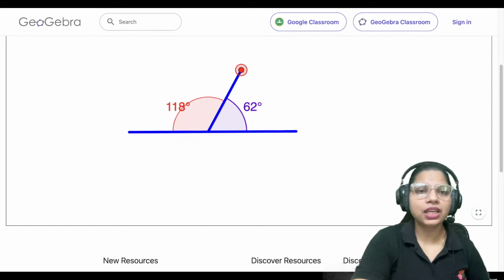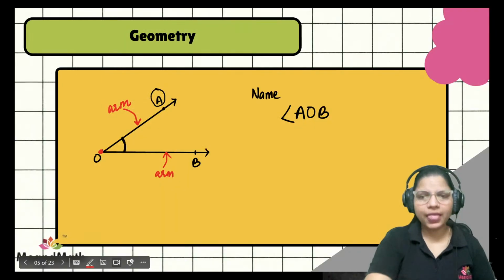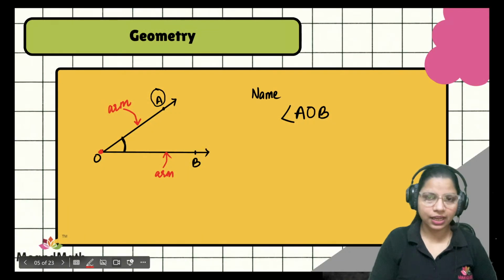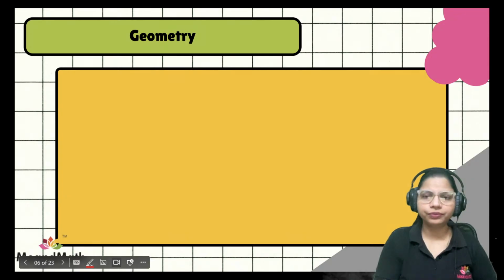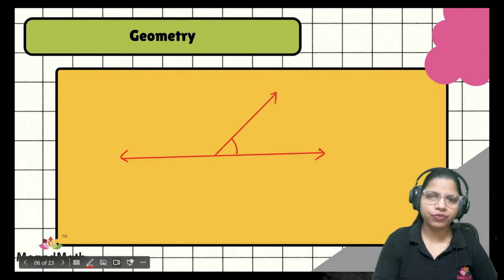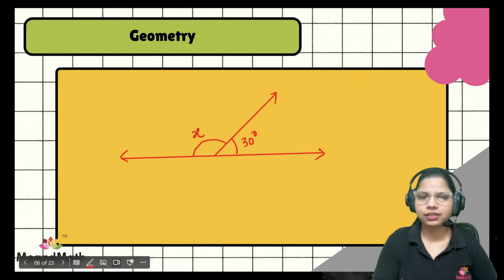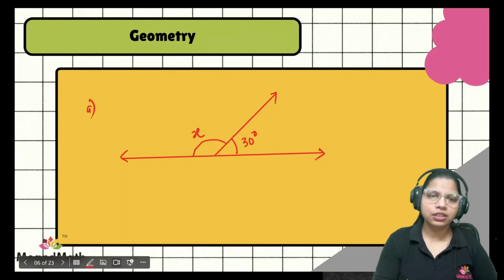Okay, now I'm going to give you a few questions based on supplementary and we will work them out. If I ask you, kids, this is 30 degrees, what is the measure of angle X? Tell me.